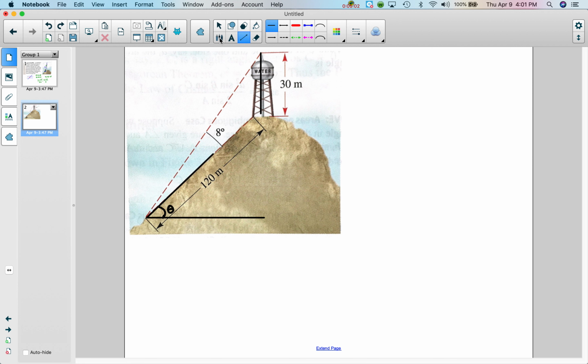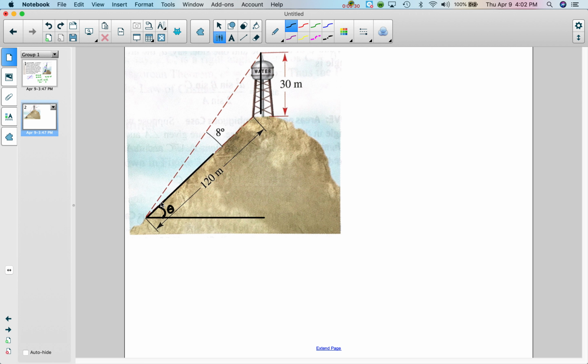So this time we are trying to find the angle of inclination of the hill. So this is actually what we're trying to find. We've been given some information, and we know that this angle right here, between this vertical dashed line and the hillside, is 8 degrees. We know the height of the tower is 30 meters, and we know this is 120 meters.